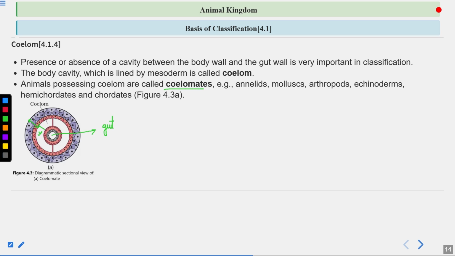So the presence of mesoderm is very, very important. If they do not have the mesoderm, then it is not a true body cavity. This is also very important. So these are the coelomate organisms which have the mesoderm layer, the coelom body cavity.